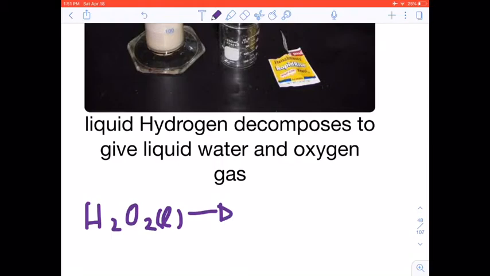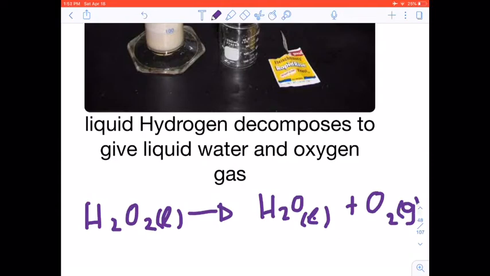And then it gives us H2O, the liquid, as well, plus it gives us O2, oxygen gas. Right, that's how we would show it at a symbolic level, right?